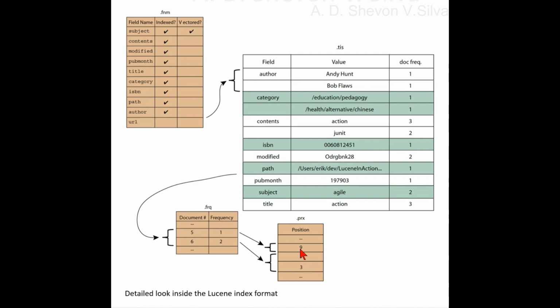We use the standard analyzer, thus stop words, in and action for example, are removed. Document 6, JUnit in Action, Second Edition, has a contents field containing the value JUnit twice, once at position 1 and again at position 3.